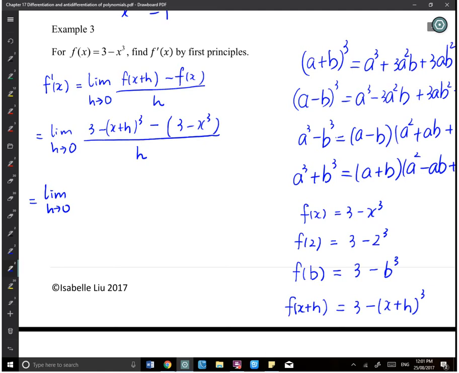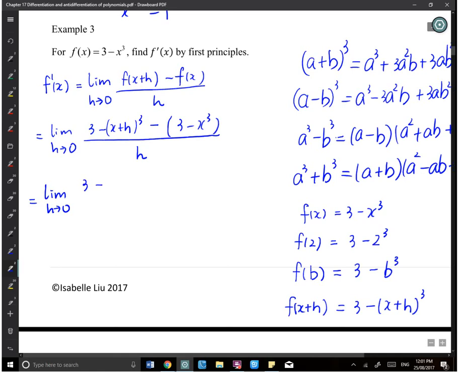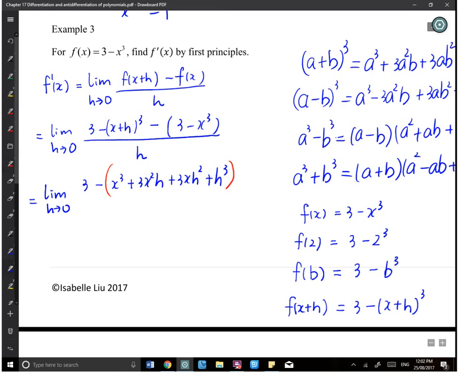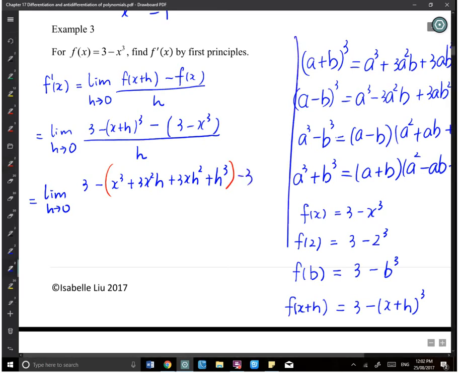And then I want to expand. 3 minus (x cubed plus 3x squared h plus 3xh squared plus h cubed). But a lot of you forget the bracket here. That's why you have a wrong value in the end. Minus (3 minus x cubed), divided by h.